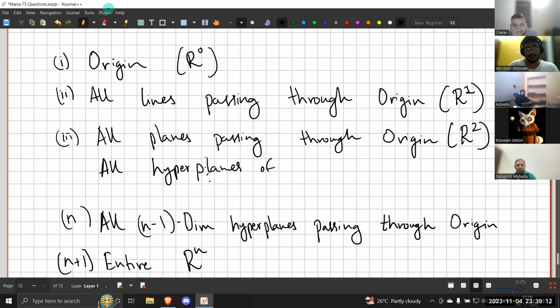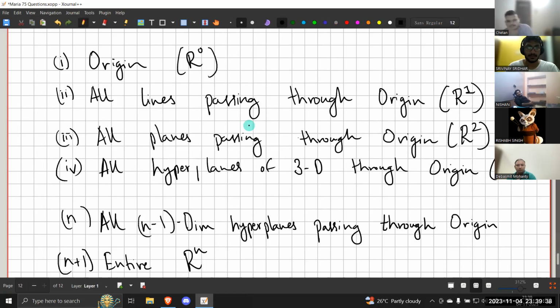Another dimension could be R4, R5, R6, up to Rn. All the hyperplanes will be a subspace of it. So when we talk about subspaces, this concept of hyperplanes must be understood.